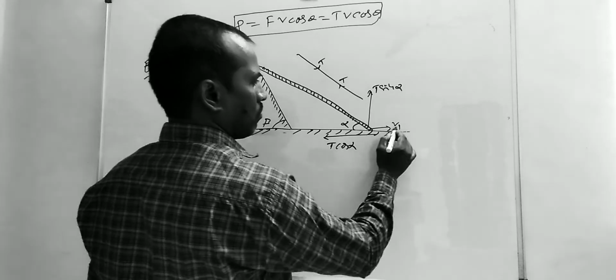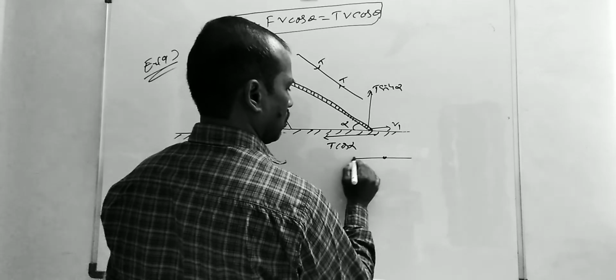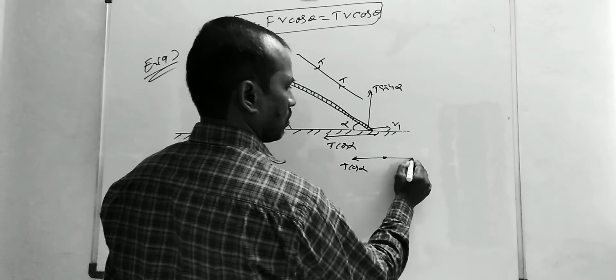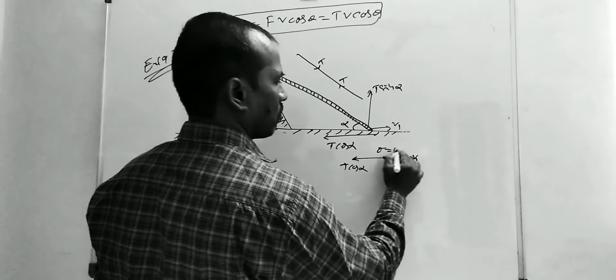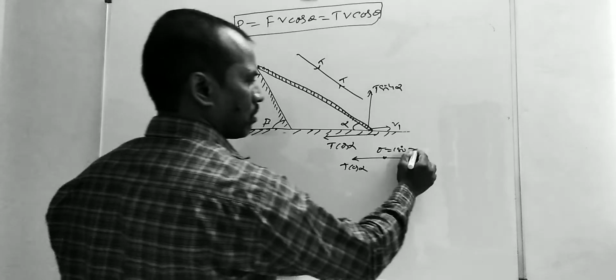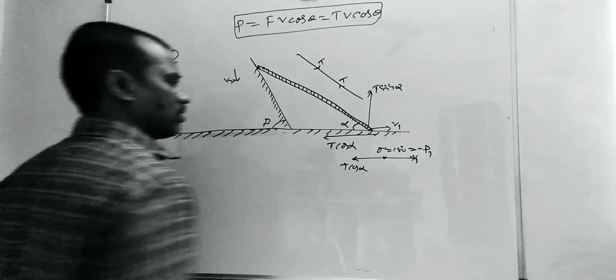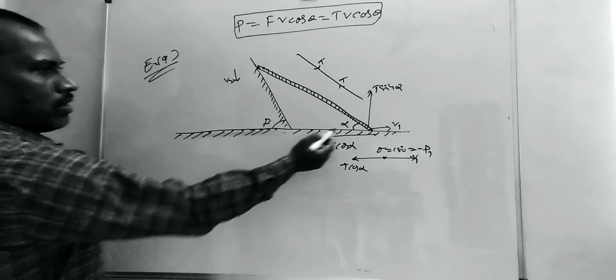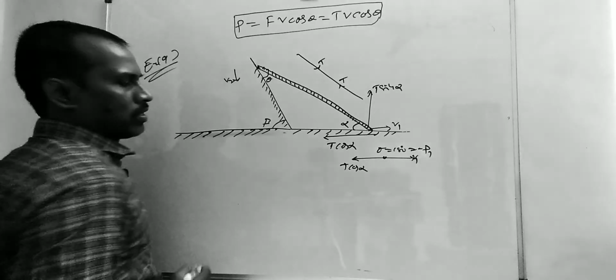The velocity of this point, v1, is in the opposite direction, so theta is equal to 180 degrees, so the value, and hence the power, is negative. Let this angle be theta.